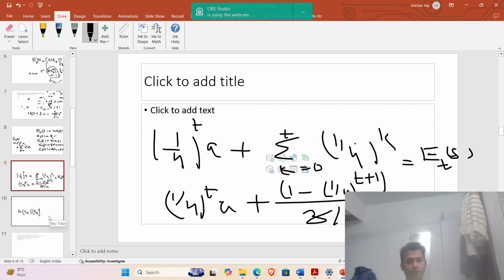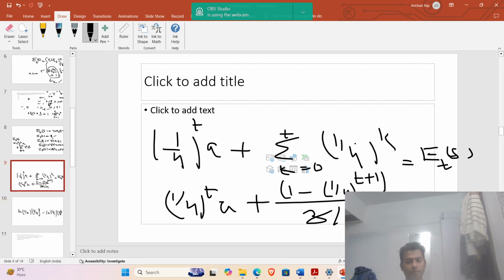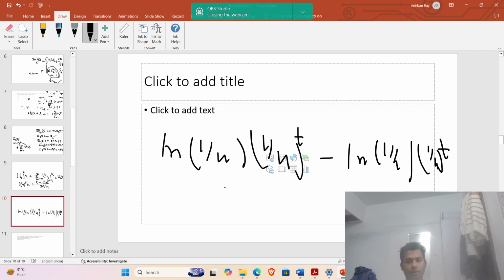Next, when we take the derivative here, it is negative times ln 1 by 4 and 1 by 4 to the power t, and in the bottom we have 3 by 4. 3 by 4 will come here, it will become 4 by 3.